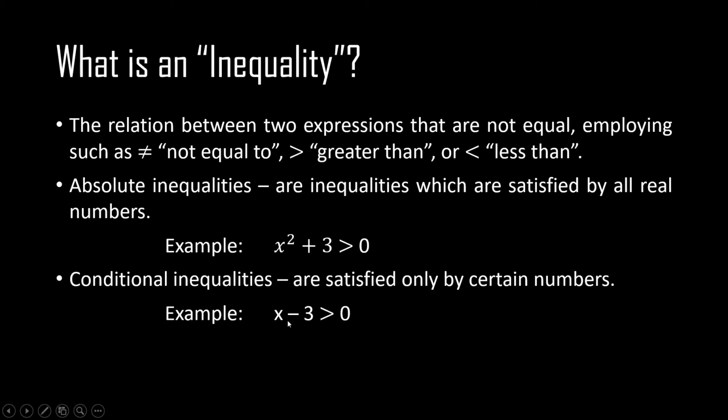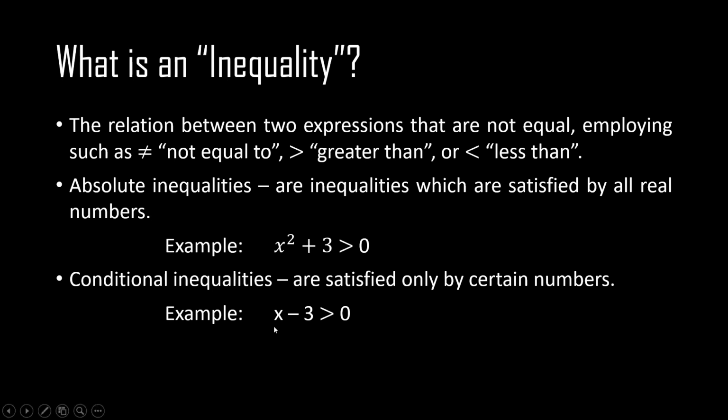There are real numbers that cannot satisfy this inequality, such as when we substitute numbers less than 3, such as 2. So we substitute 2 here. 2 minus 3 is negative 1, which is not greater than 0. So the statement is not true.